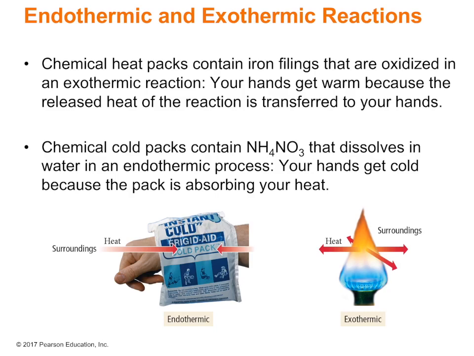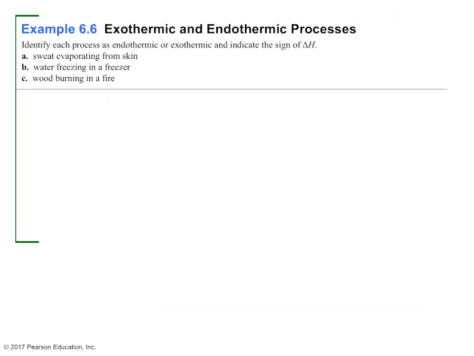Chemical cold packs contain ammonium nitrate that dissolves in water in an endothermic process. Your hands get cold because the pack is absorbing your heat. So when the ammonium nitrate dissolves in water, it absorbs the heat around it and actually becomes cold.